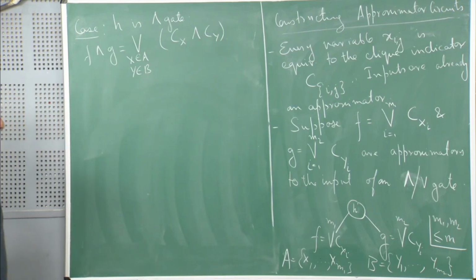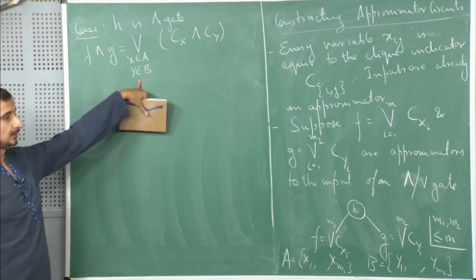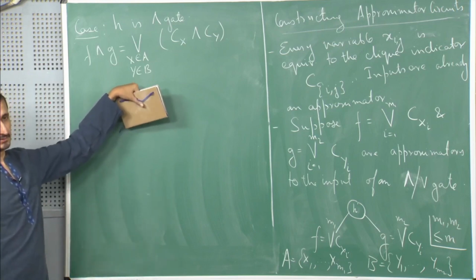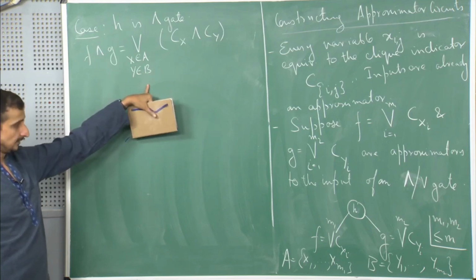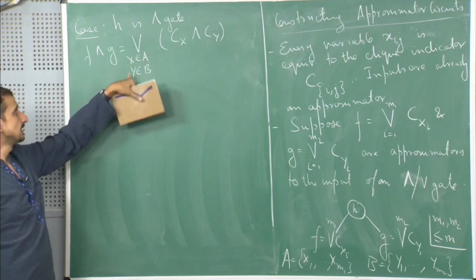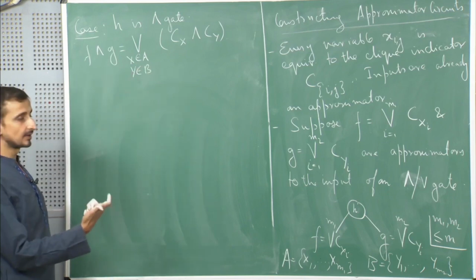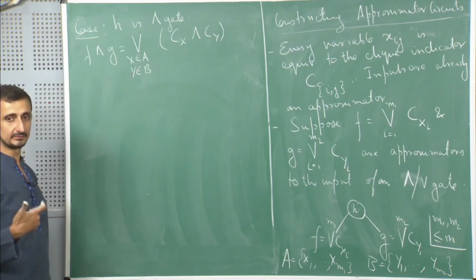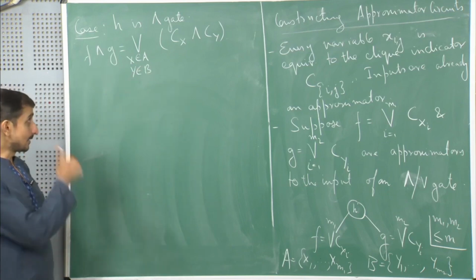But again, what is the problem with this definition? How many such tuples will be there, x, y? What is the size of A and B? M1, M2, so at most m. So the number of such tuples x, y will be m squared now. So that is one problem. There is also one more problem.